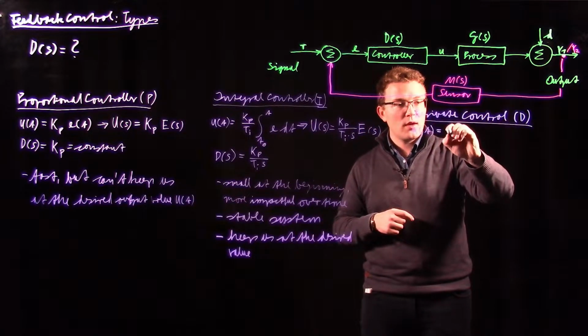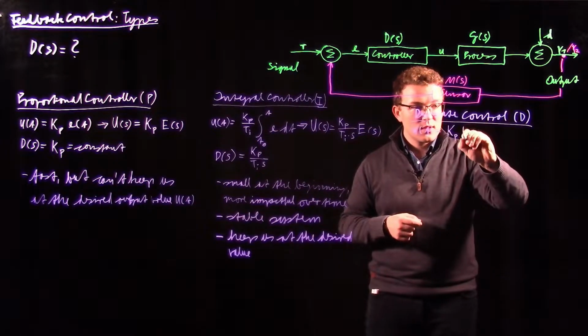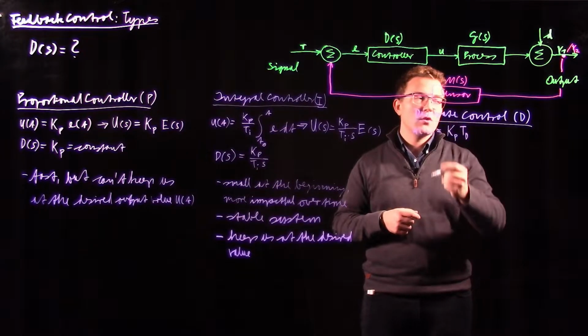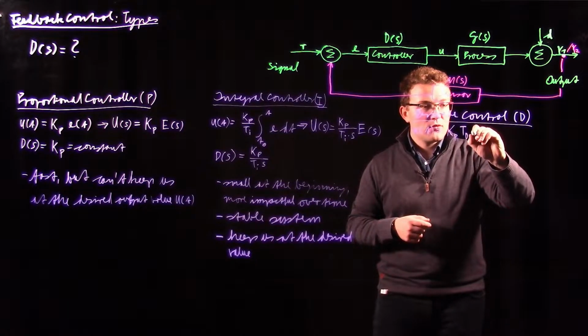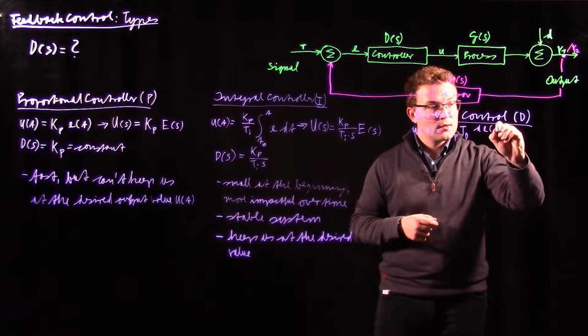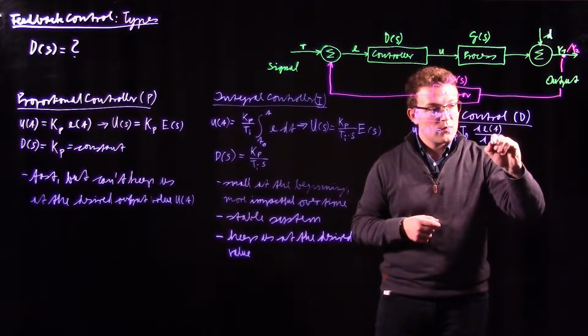So we have Kp times Td, the time constant for the derivative control. And then we have the derivation of our input signal E(t) regarding the time.